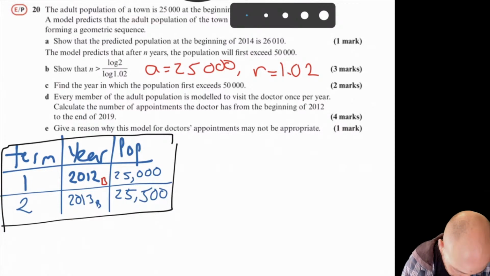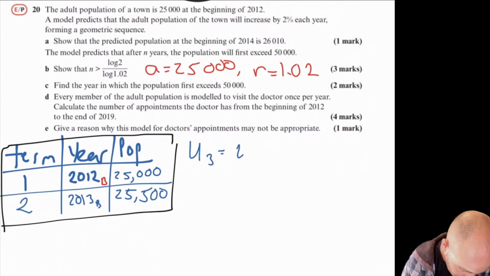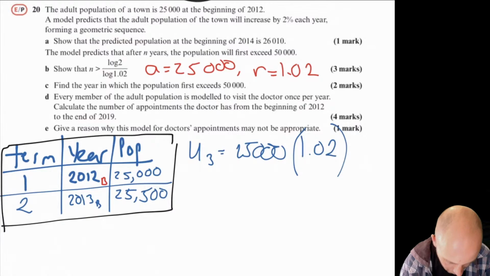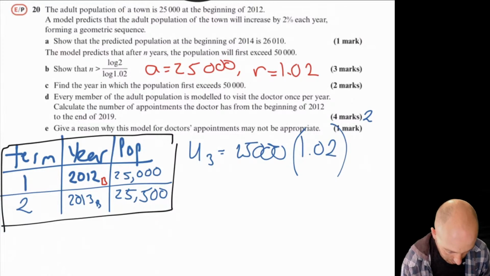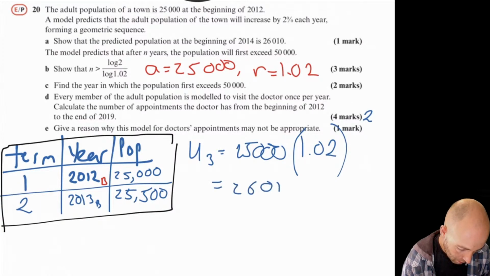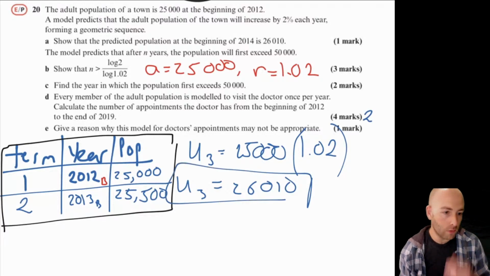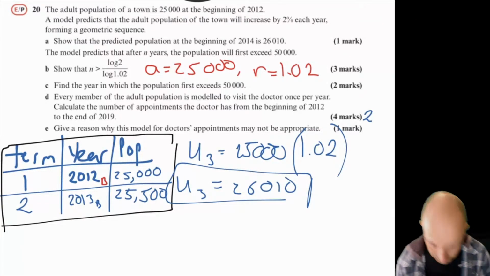We're going to use u3 equals 25,000 times 1.02 to the n minus 1, which is going to be to the power 2. So I put it all in, 25,000 times 1.02 squared gives me 26,010. So nice and straightforward for the first part there.